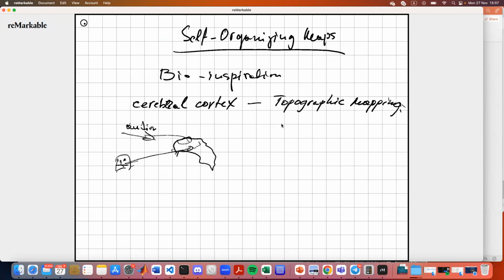In other words, neurons that deal with closely related information are kept close together. It's part of learning, part of evolution, but similar input activates nearby neurons.